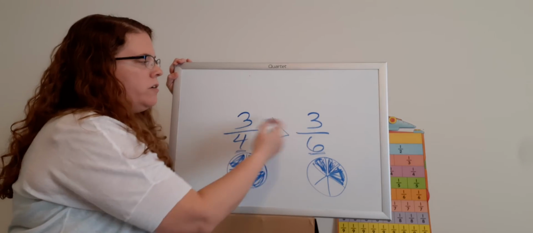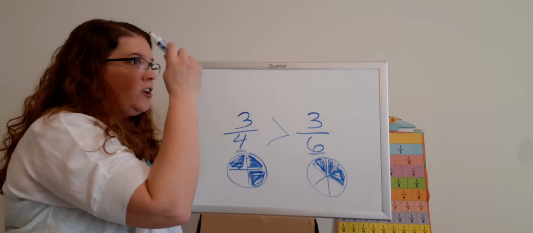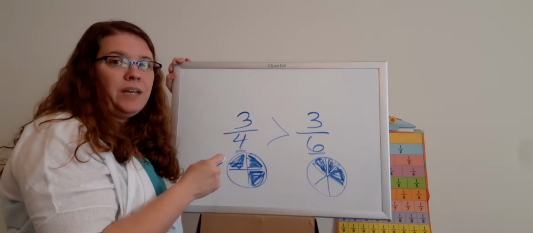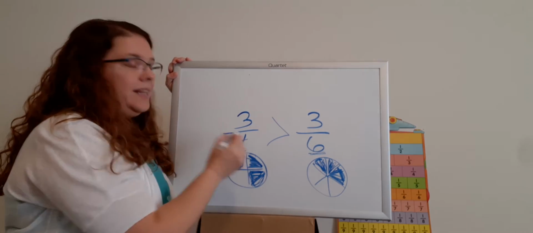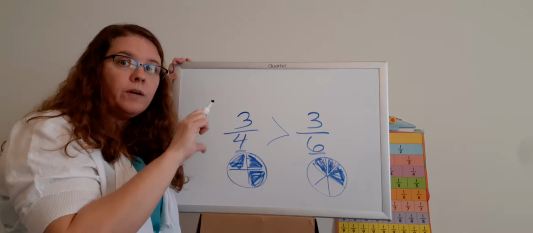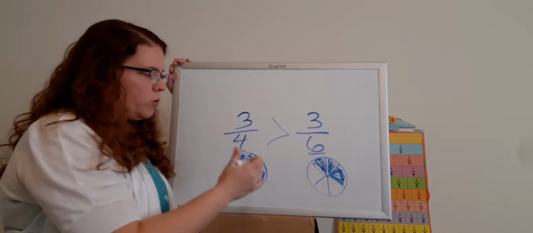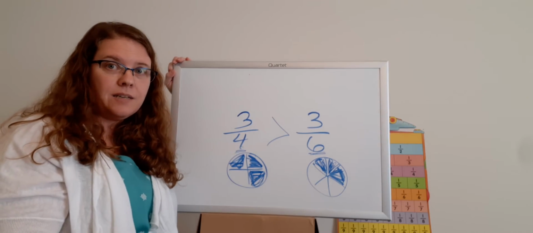So when my numerators are 3 and I look at my denominator saying 4 and 6, I got to know that I'm looking at a denominator and it's how many pieces of something. The less the number is, the larger the piece is going to be, okay? So that's why fourths is greater than sixths.